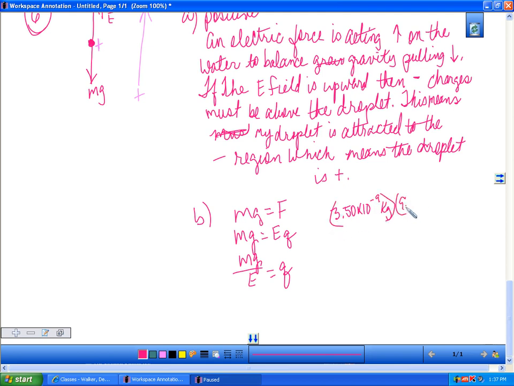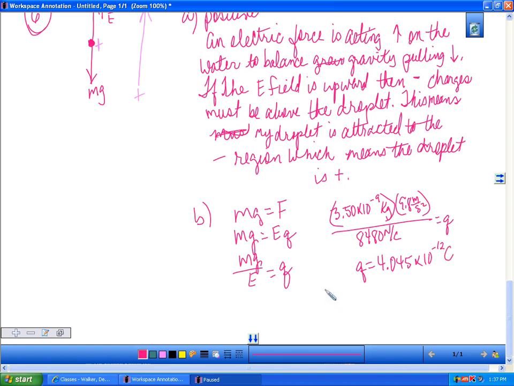Gravity is 9.8. I want to divide that by E, and they told me the electric field was 8,480 newtons per coulomb. So I got Q. And when I did that, I got Q to be 4.045 times 10 to the minus 12 coulombs.